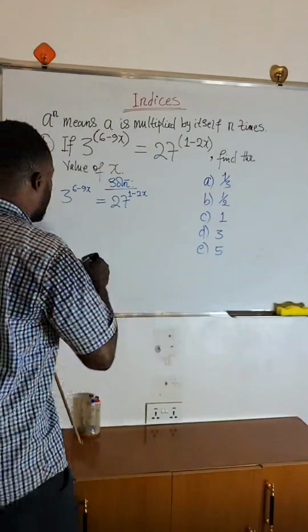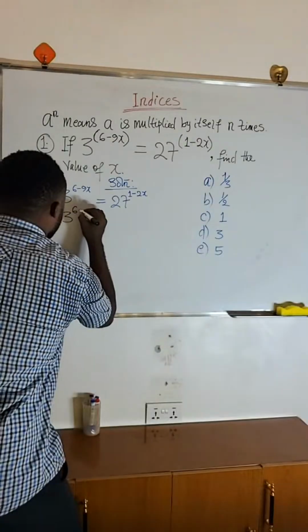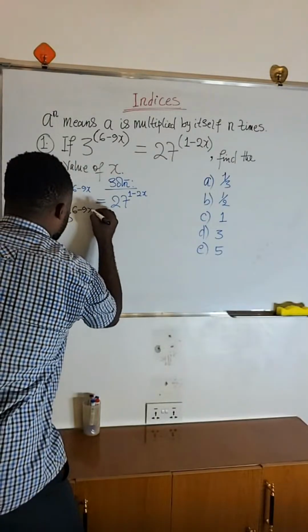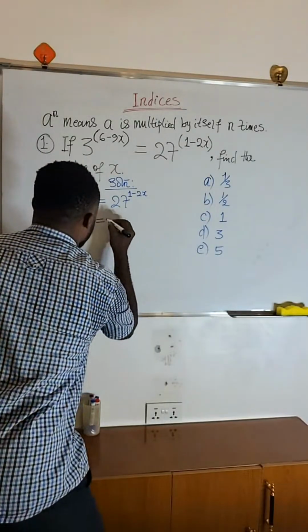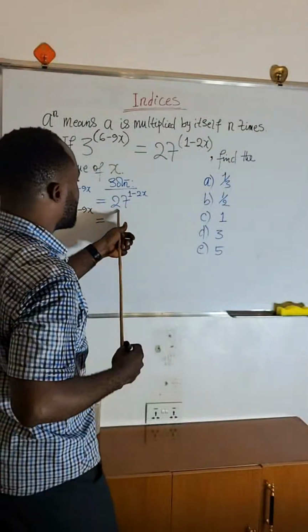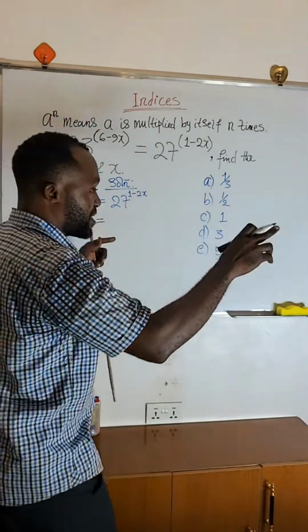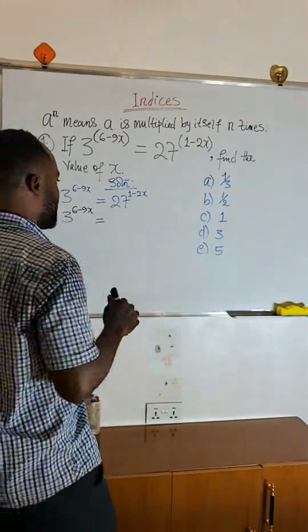So we will now say 3 raised to the power of 6 minus 9x equals, and I want to make 27 to be on the basis of 3 so that I can equate their powers. Are you with me?